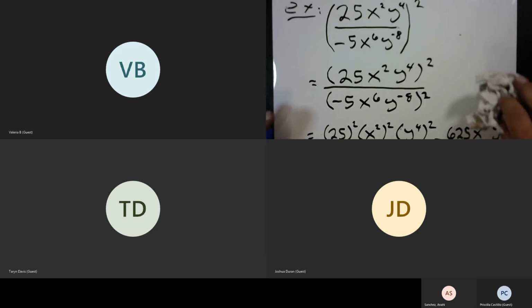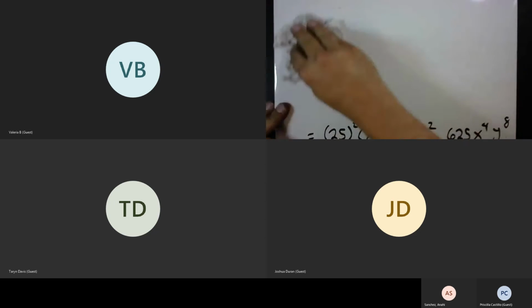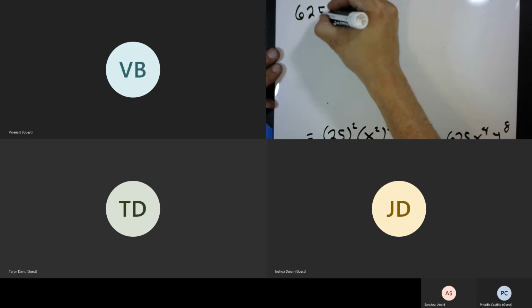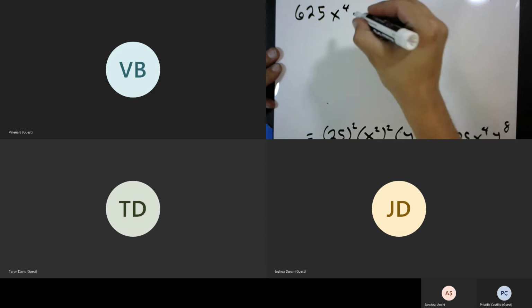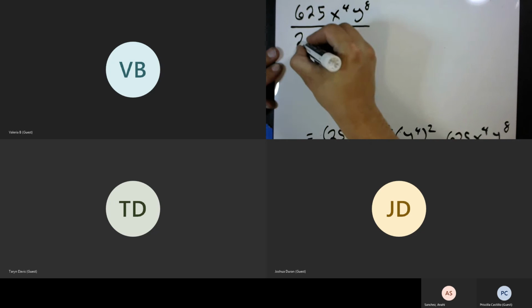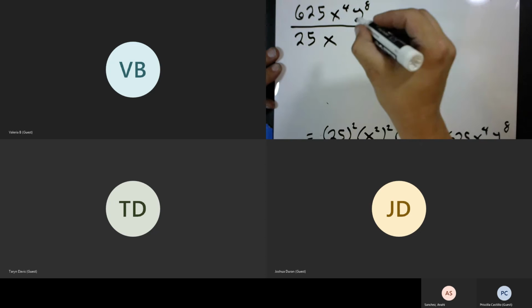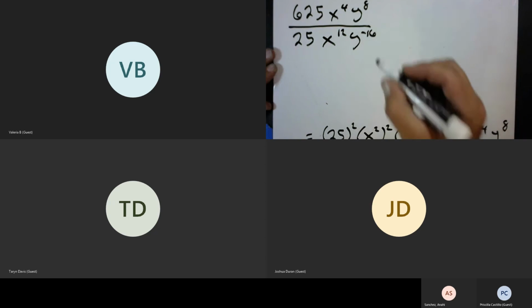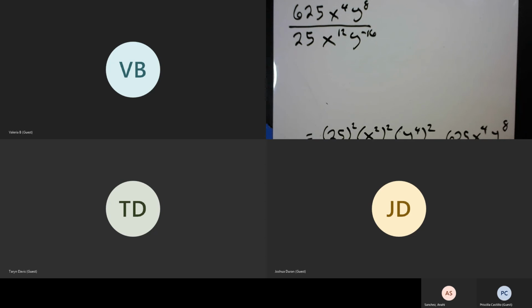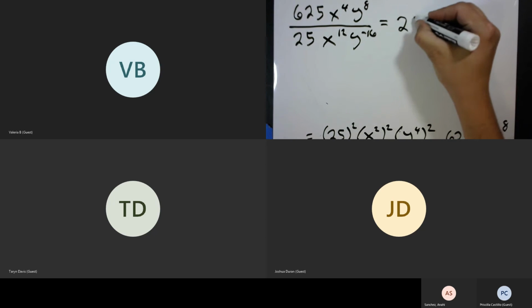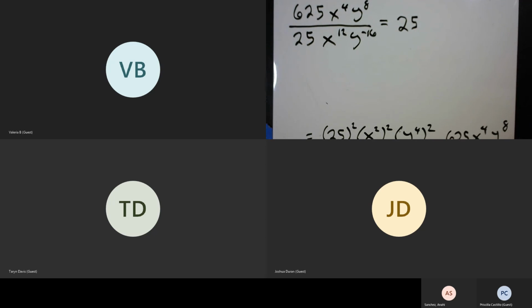Here, I'll rewrite that so you can see it. Now we've got the x's and y's all lined up, so we can just do our divisions. 625 divided by 25, well, that's just 25, because 25 squared gives you 625.